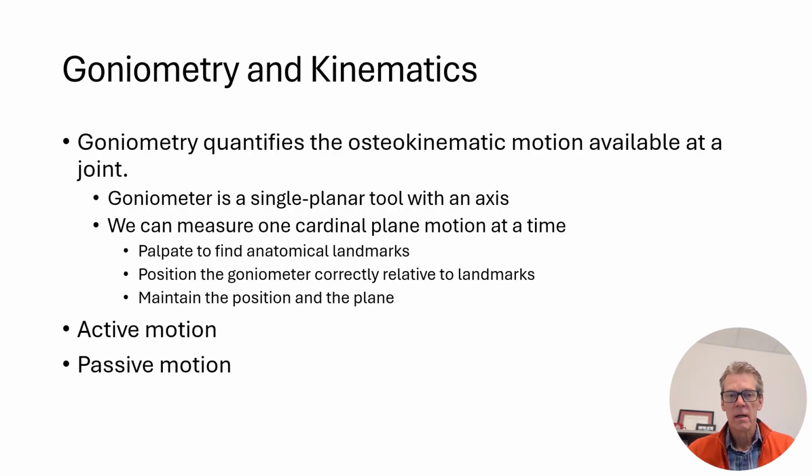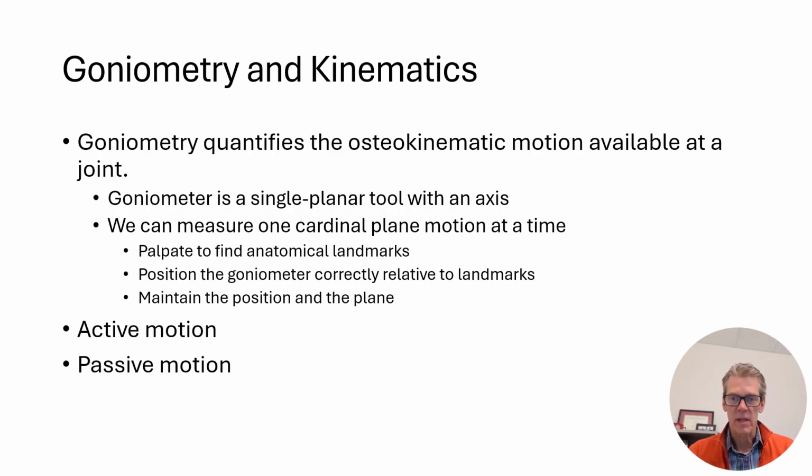A goniometer is a single plane tool, so we can only measure motion one plane at a time, and we palpate to find anatomical landmarks. I will see you in palpation lab for anatomy, so we're going to work on finding the right anatomical landmarks to use. It's really important.